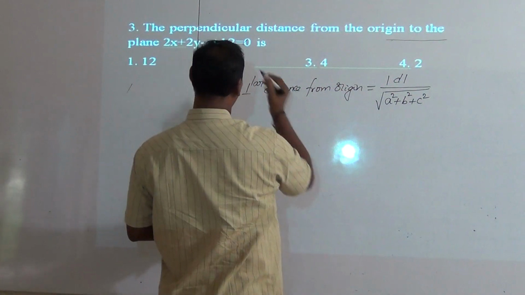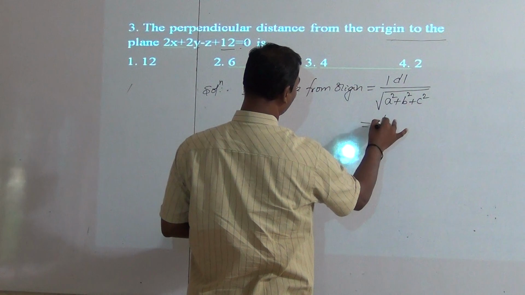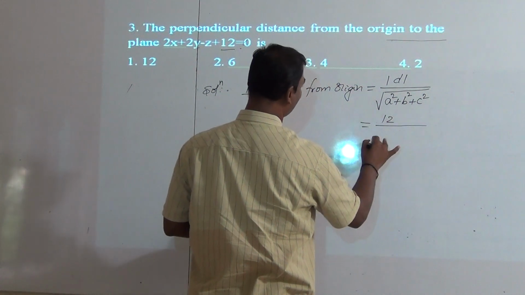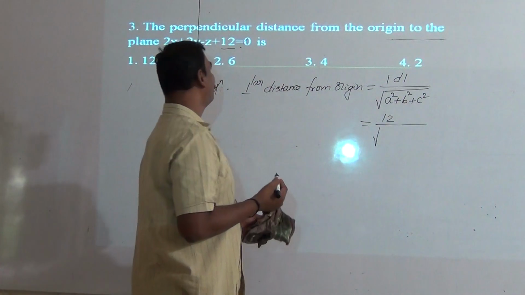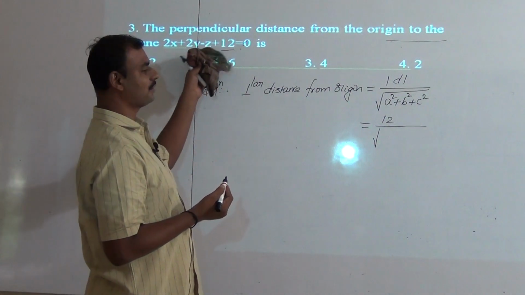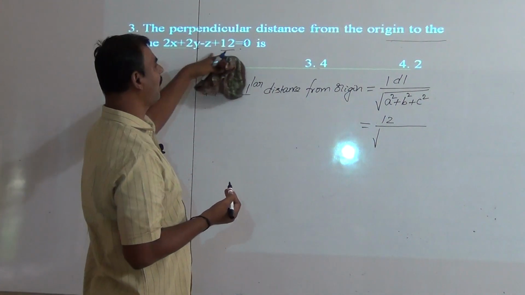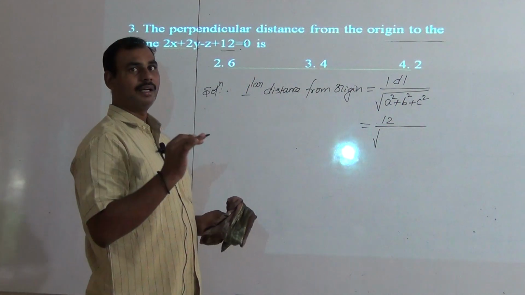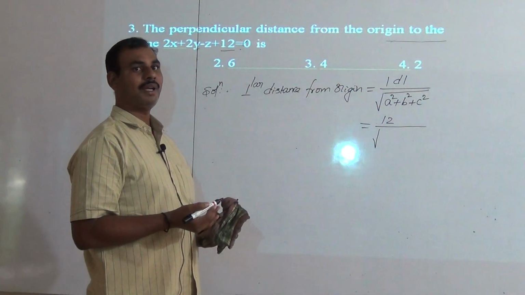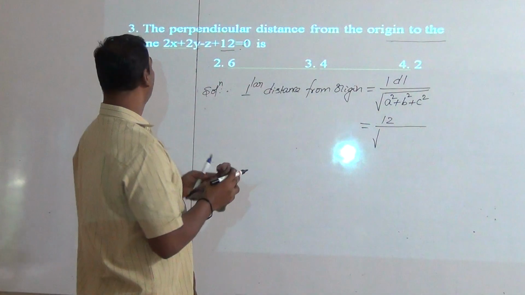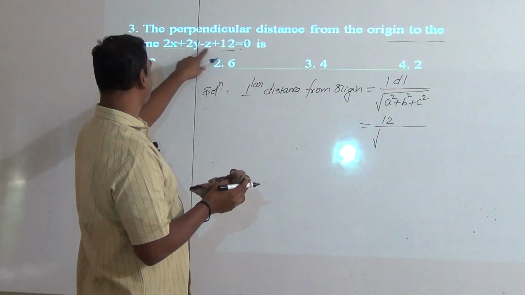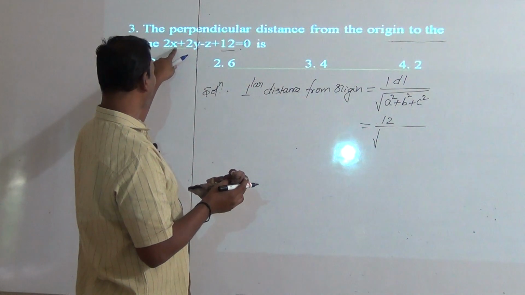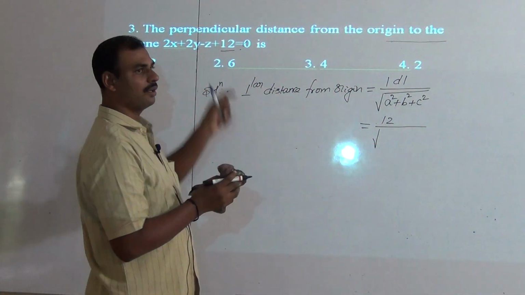So what is the d value? 12. So 12 upon square root of a square plus b square plus c square. What are the a, b, c values? Remember, a, b, c are the direction ratios of the normal to the plane, the x coefficient, y coefficient and z coefficient.